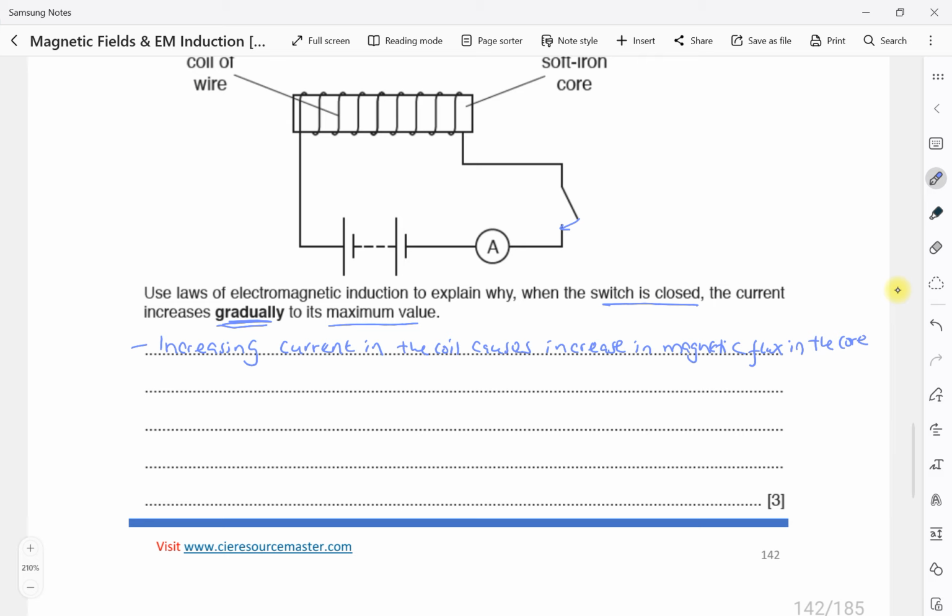Because when you close the switch, there will be an increase in current in the coil, which causes an increase in the magnetic flux in the core. Increasing magnetic flux induces an e.m.f in the core. That is Faraday's law.